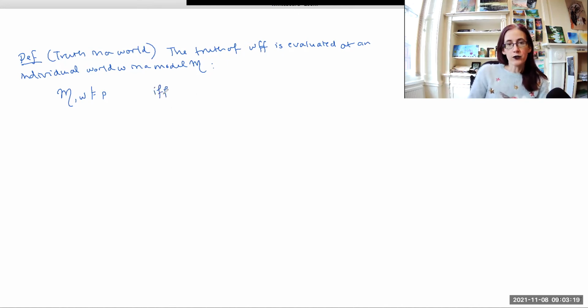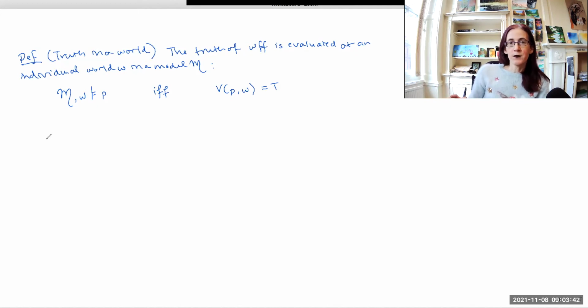Atoms are going to be true if and only if the valuation assigns to that atom at that world the value true. So if the value of P at W is false, then P will not be true at W. Or another way to say it is that W is not a model of P.